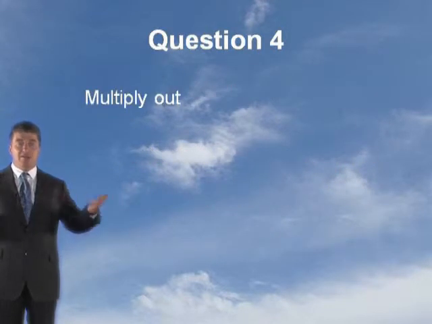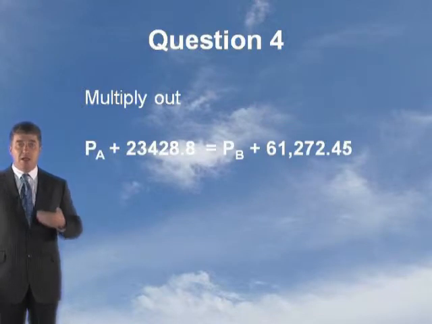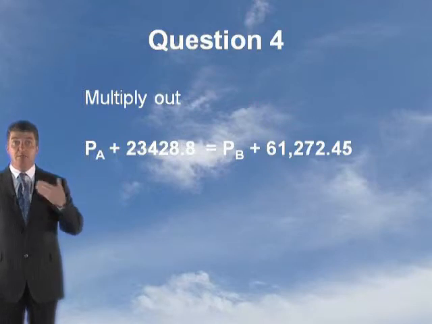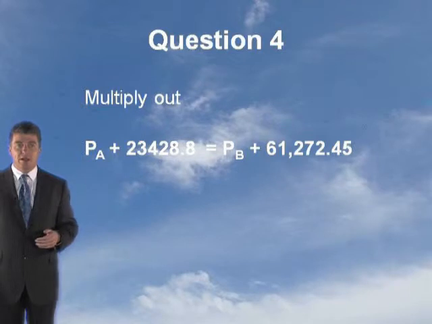If you multiply this all out, you get this. PA, the pressure at A, plus 23,428.8 equals PB plus 61,272.45.